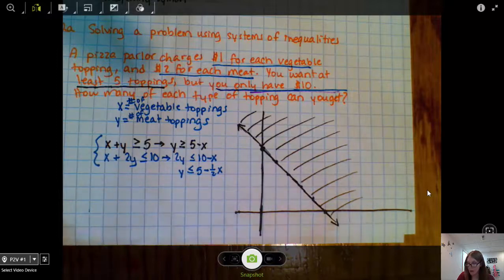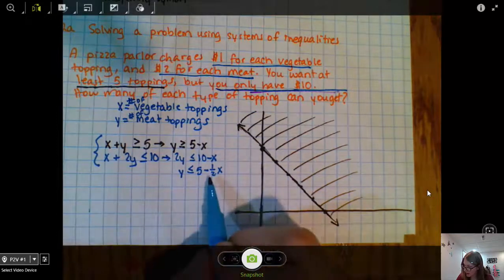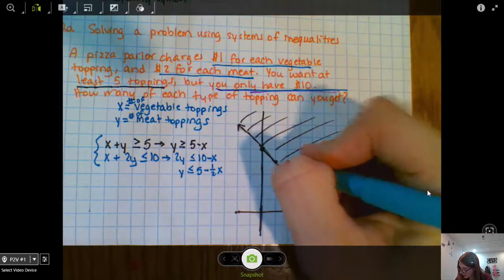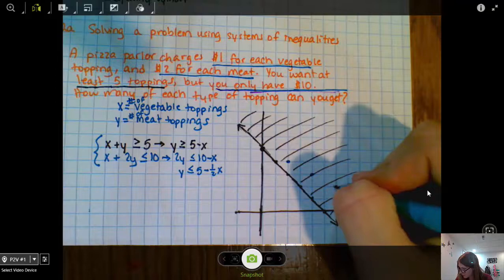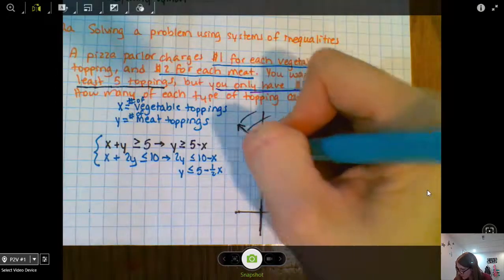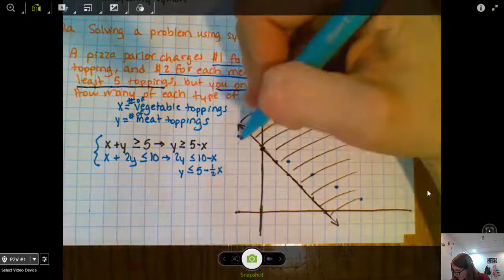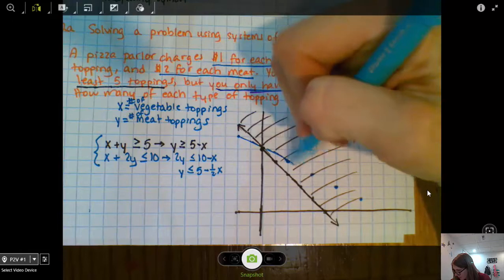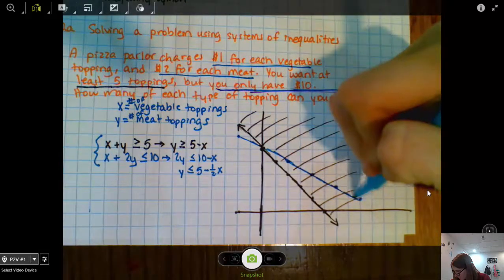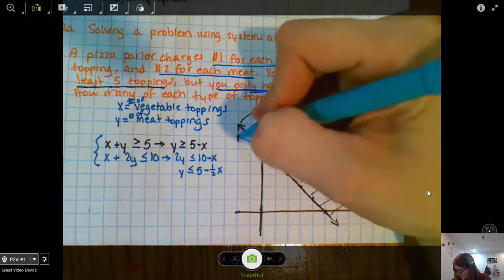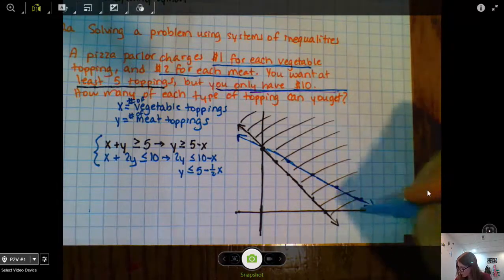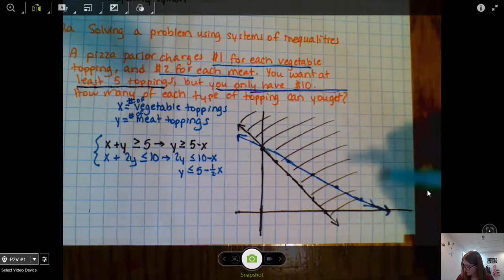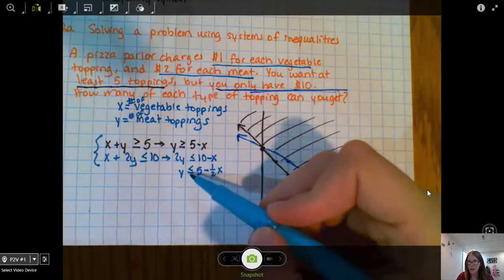Right here, my blue inequality, y is less than or equal to 5 minus 1/2 x. 5 is my y-intercept. My slope is -1/2. And solid line because I have the equal to option. Shaded below because it's less than or equal to.